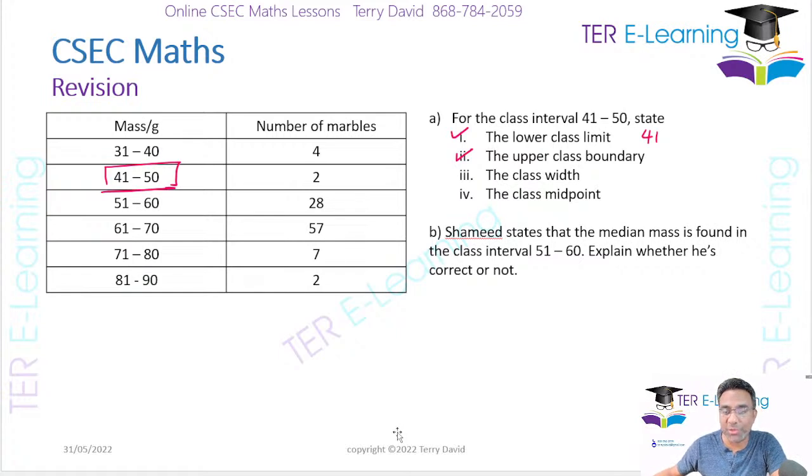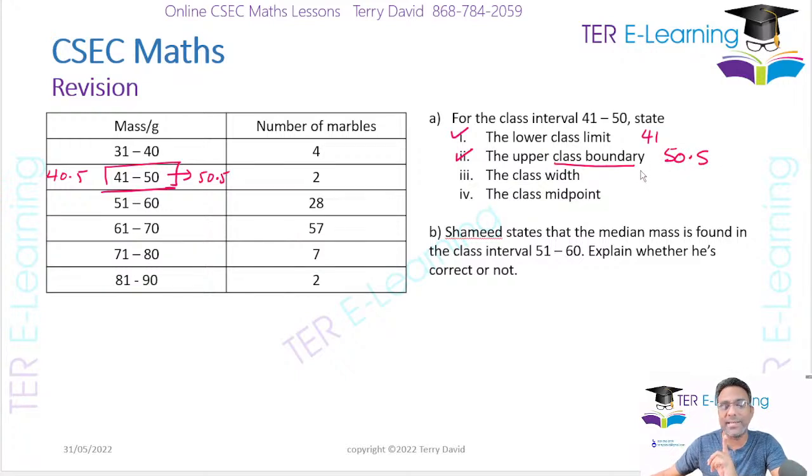So you have to watch out for the words carefully. They said upper class boundary. Now, the upper class boundary is going to be 50.5. Your lower class boundary is 40.5. Don't mix that up in the exam. So the upper class boundary in this case here is going to be 50.5. That's my upper class boundary.